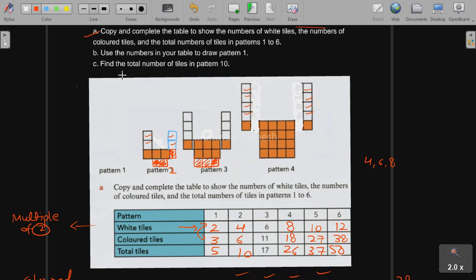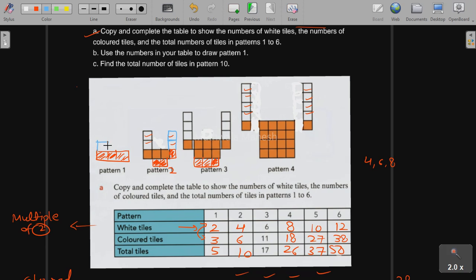So A is completed. B, use the numbers in your table to draw pattern 1. So pattern 1 has 2 white tiles and 3 color tiles. So if I draw pattern 1, then it means 3 are colored, 3 color tiles, and 2 are white tiles.